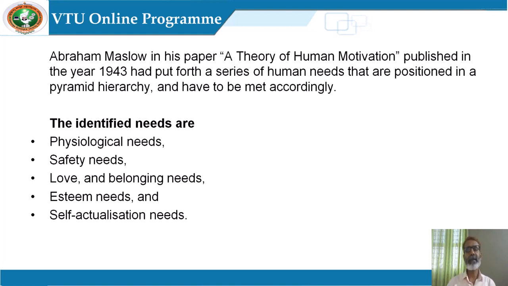And the fifth level in the hierarchy is called self-actualization needs. You might see people around you, some of them say, no, I have achieved everything in my life, now I need to be comfortable, safe, and enjoy my life.